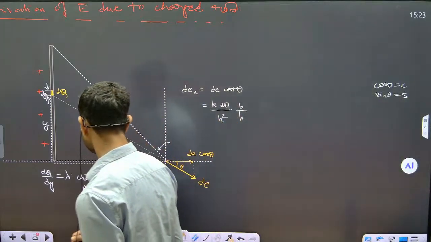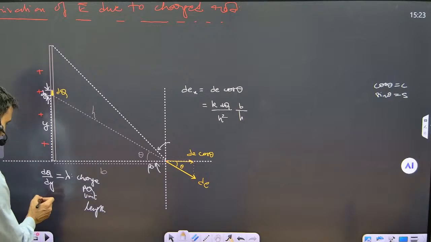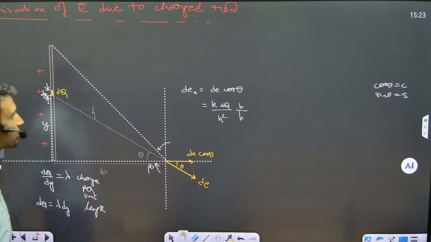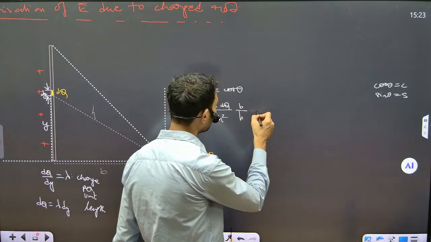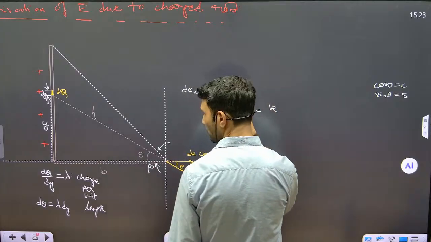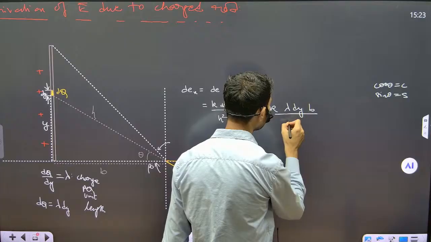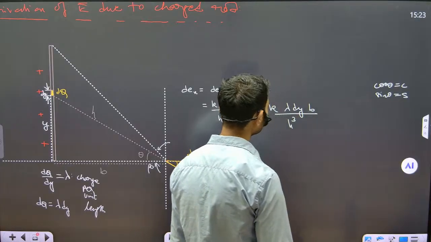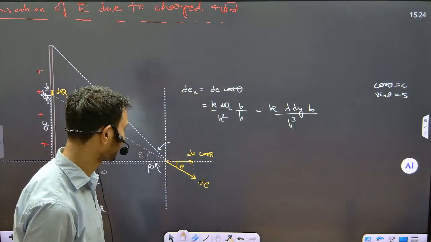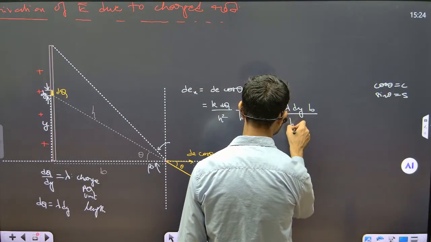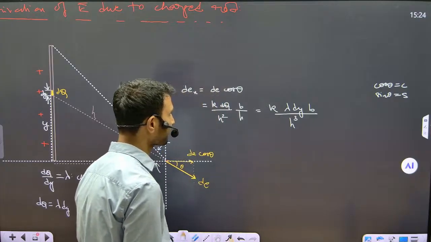So we can use it here. From here I'll get that dq is equal to lambda times dy. That I can substitute there, and it will become dq is equal to lambda times dy, b divided by h cubed, right?